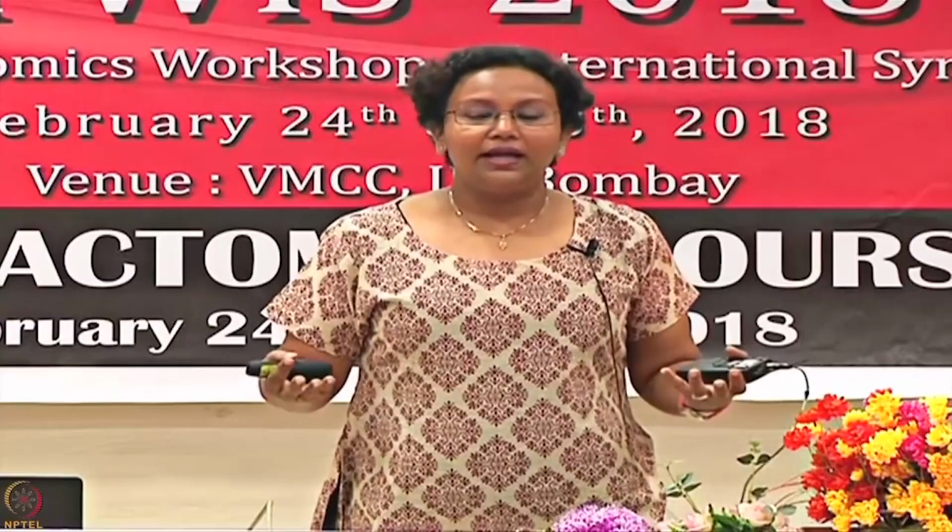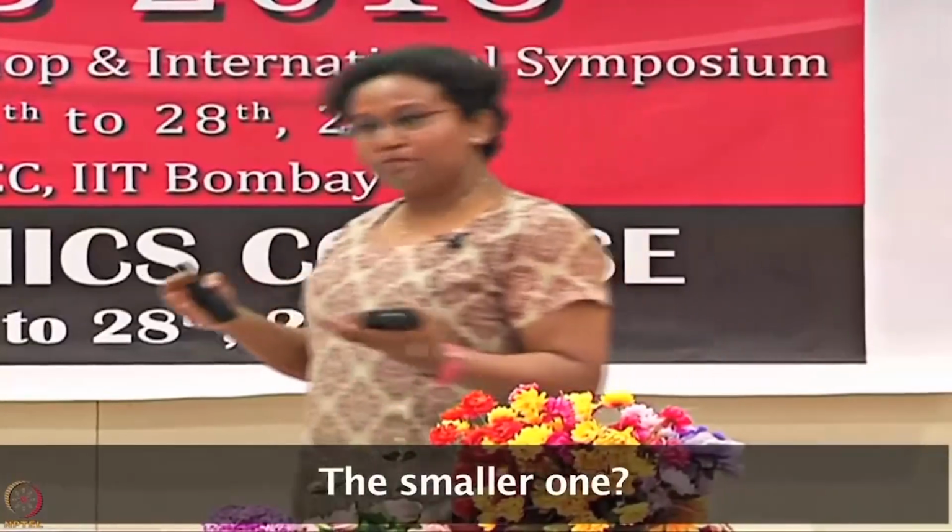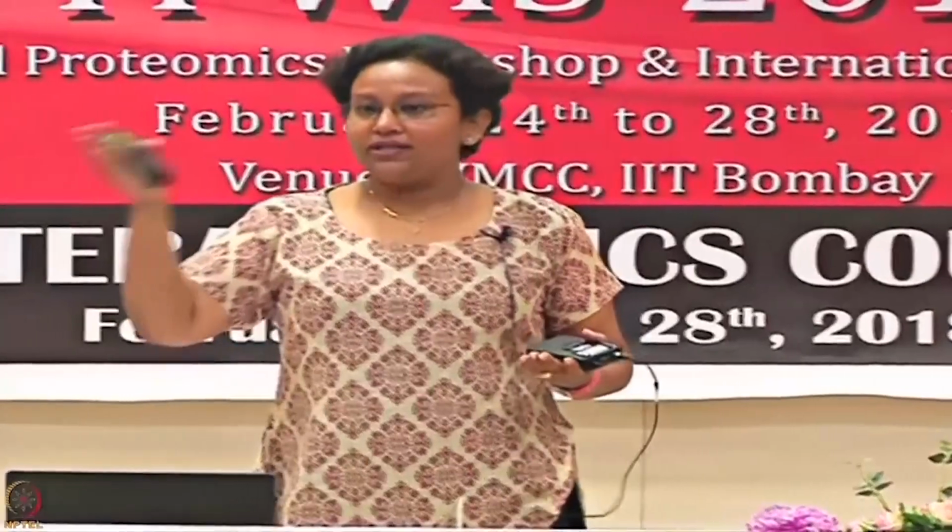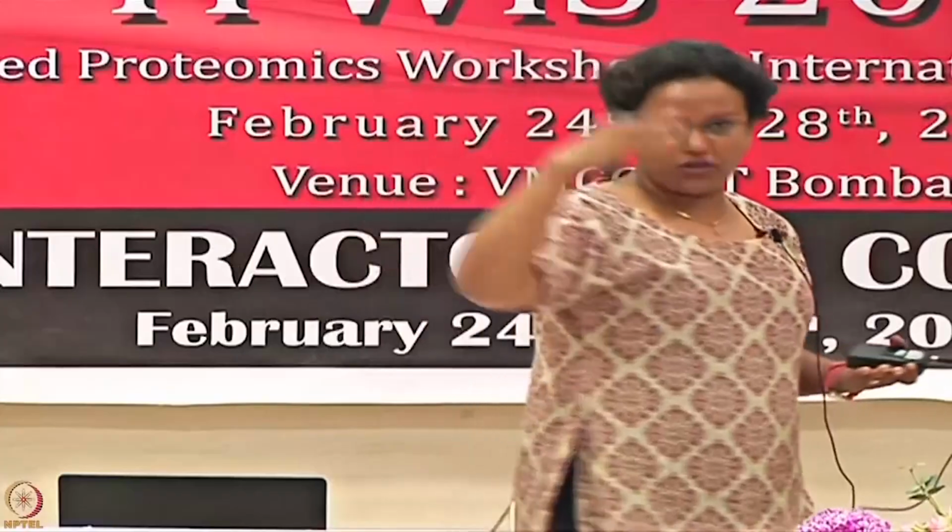If you have two interactants and one of them is large and one of them is small, which one would you like to go as a ligand? The small one, absolutely, because you can use the larger one as an analyte. So, you get a higher response.